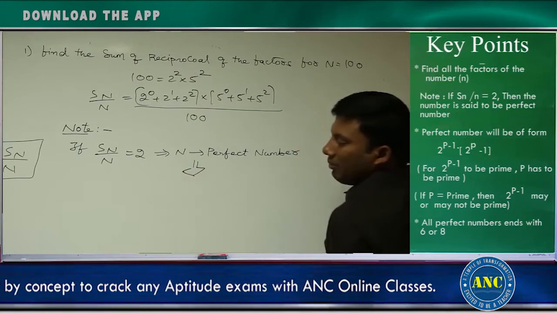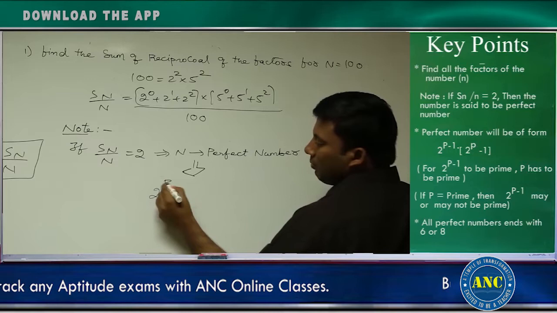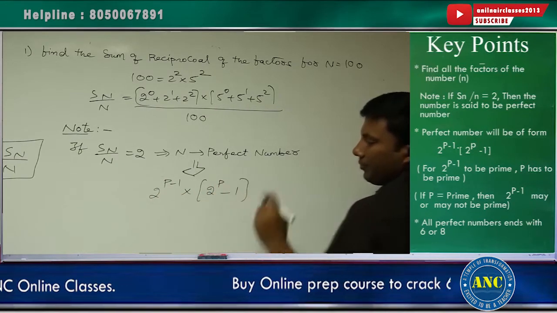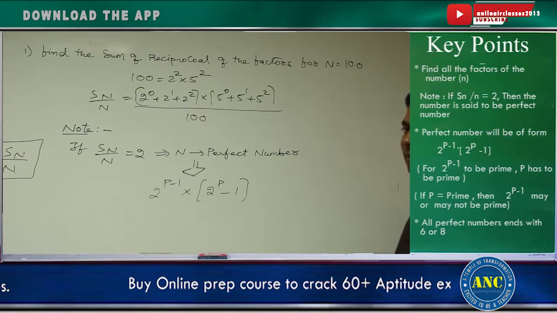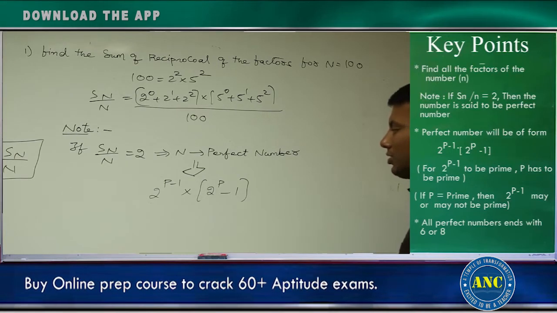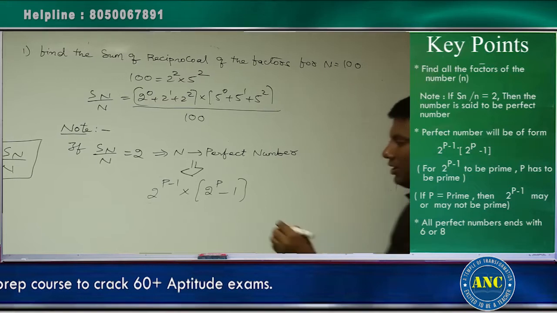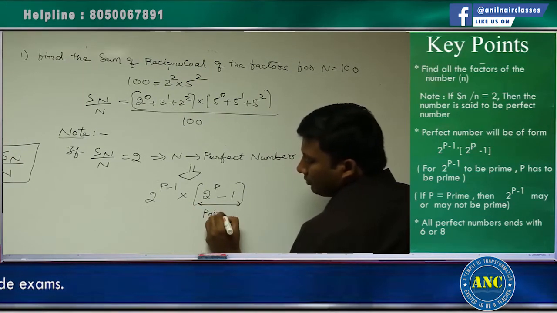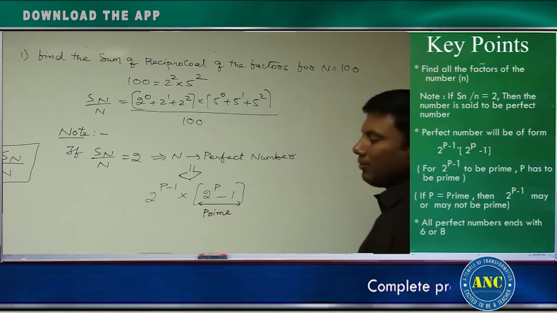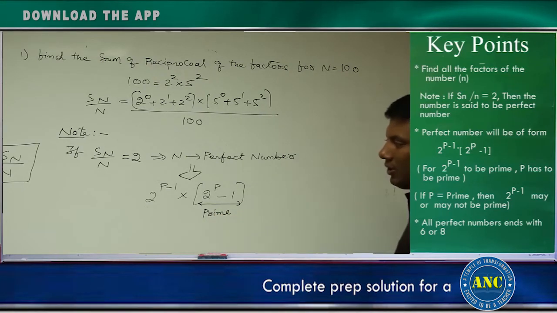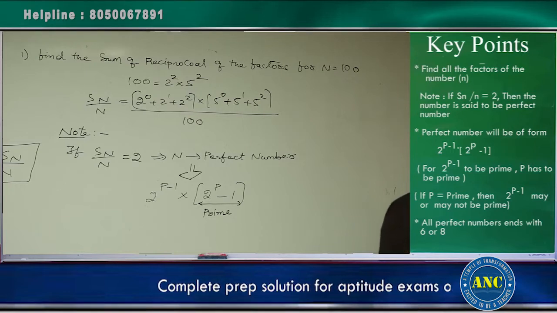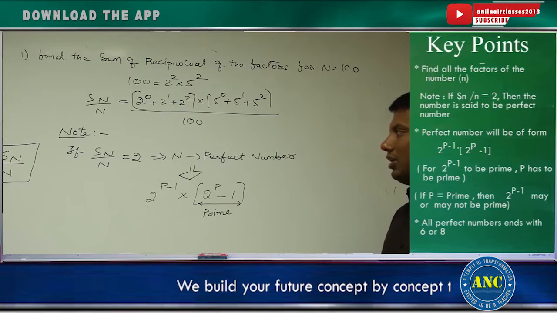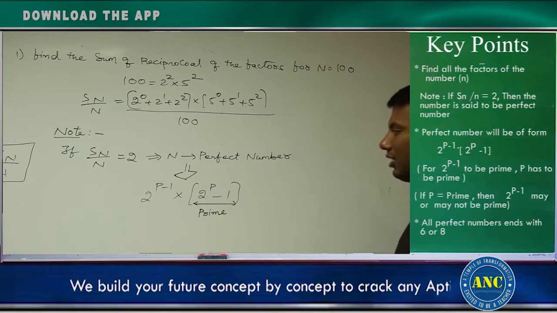A perfect number will be of the form 2 power p minus 1 into 2 power p minus 1. Listen carefully. This number has to be a prime number. 2 power p minus 1 has to be a prime. If Sn by n is 2, n is a perfect number of this form.